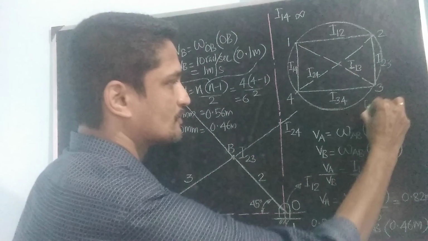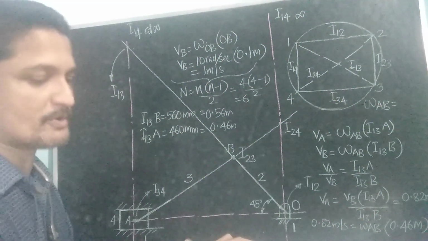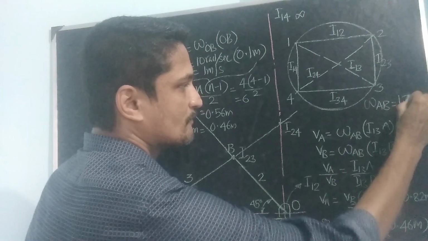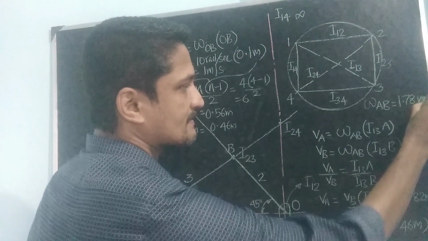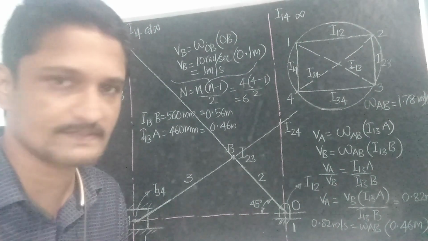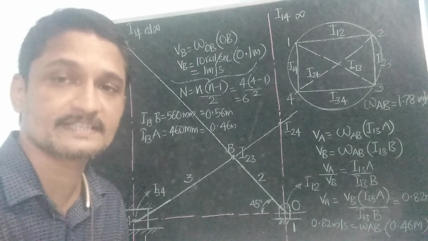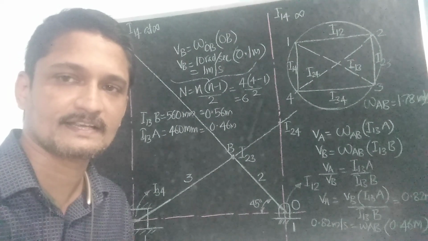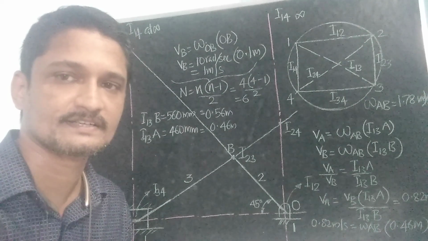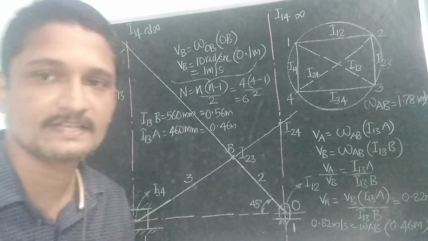Omega AB is equal to 1.78 radian per second. This is the final answer. Here, by using the instantaneous center method, we can easily calculate the angular velocity of the connecting rod.